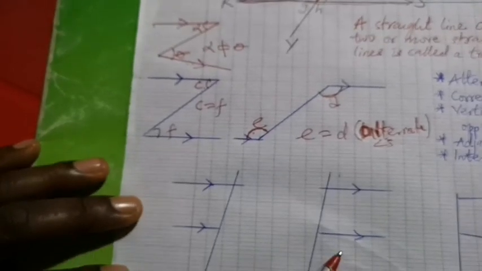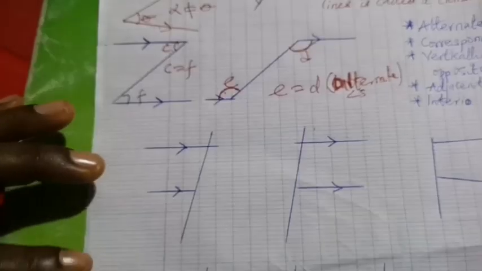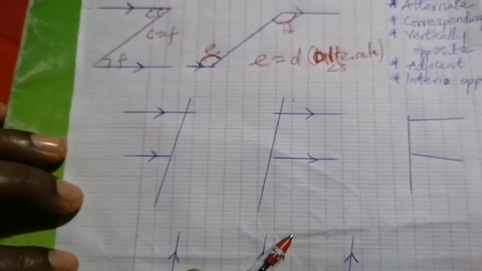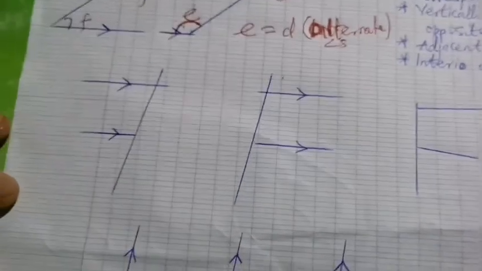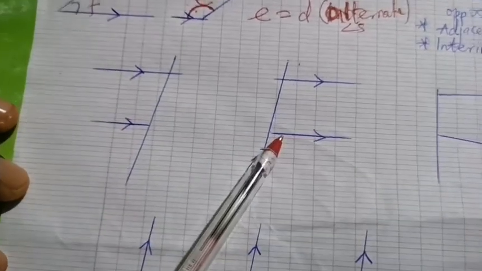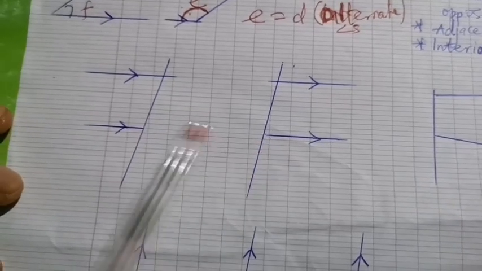Okay, and the same thing is applicable to the one we want to look at now, which is corresponding angles. Now in corresponding angles, like I said earlier, we normally use something like an F shape, like this one or this one, to show this corresponding angle.